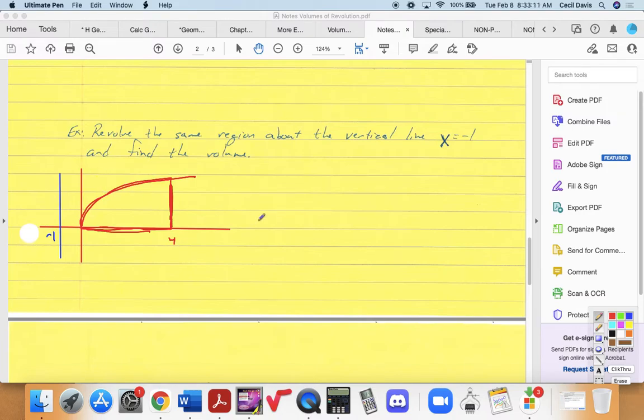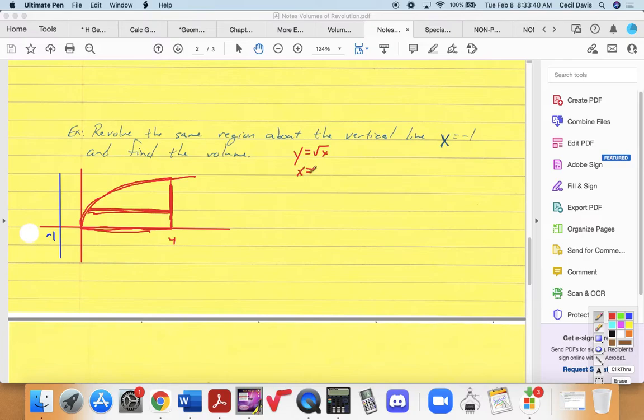That means that my slices are going to run this way. That's also perpendicular to the y-axis, right? So I want everything to be in terms of y. So I had y is the square root of x.